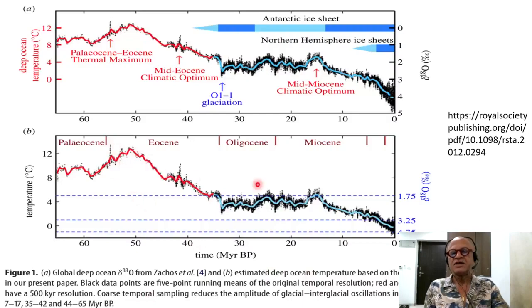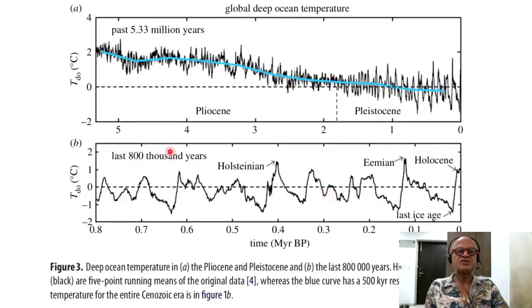Here you can see again the various time scales, but if you zoom into the last few million years, again global deep ocean temperatures past 5.33 million years, you can see more clearly the change in the time scale going from obliquity dominated time scales in terms of delta O18 recorded temperatures and the 100,000 year or eccentricity driven time scales during the Pleistocene, especially in the last 1.8 million years or so.